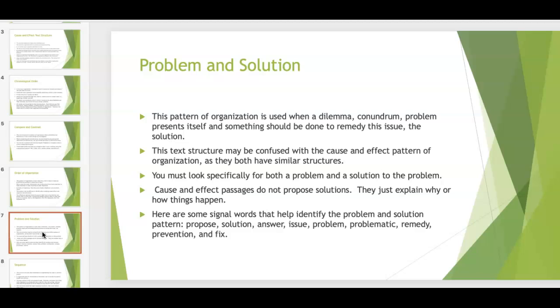And these are some signal words that might help you detect that it is a problem solution pattern: propose, a solution, this is the answer, issue, problem, problematic, remedy, prevention, and fix. These are all the type of signal words that help you to determine whether it's a problem solution text organization or not.